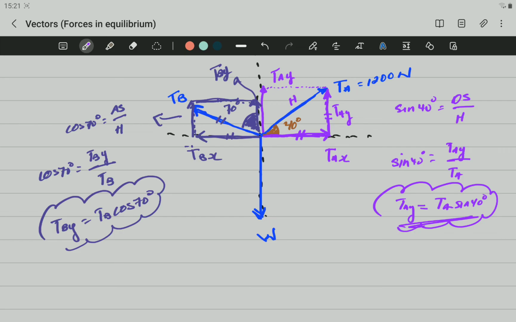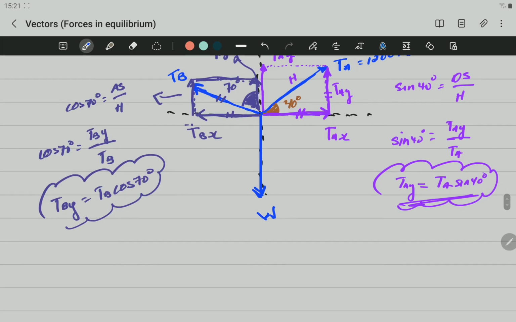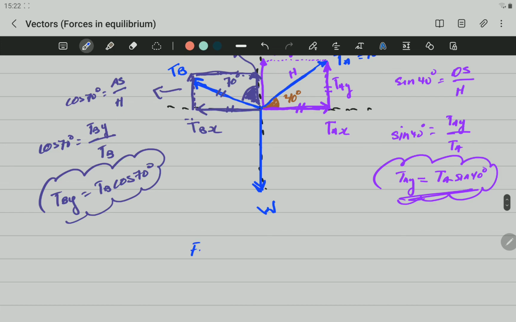So everything on top must be equal to everything at the bottom or under. What do we have on top? We have the force. Let's use tension. We're using tension up until now. We have TA in y, and we have TB in y. What do we have at the bottom?